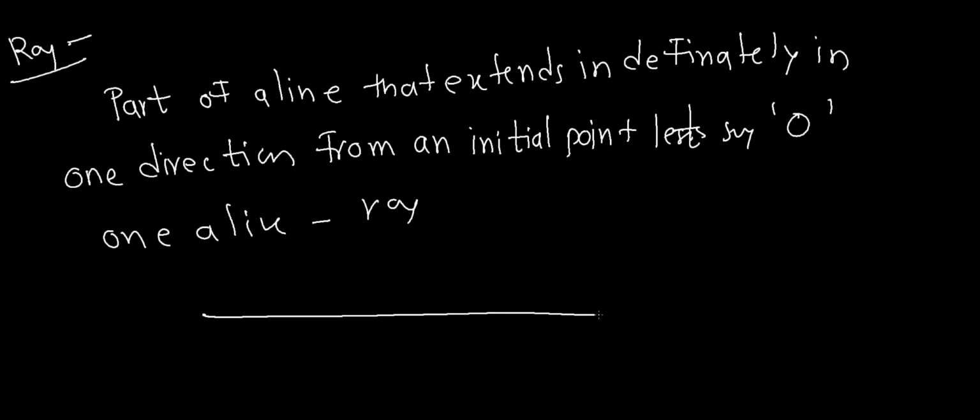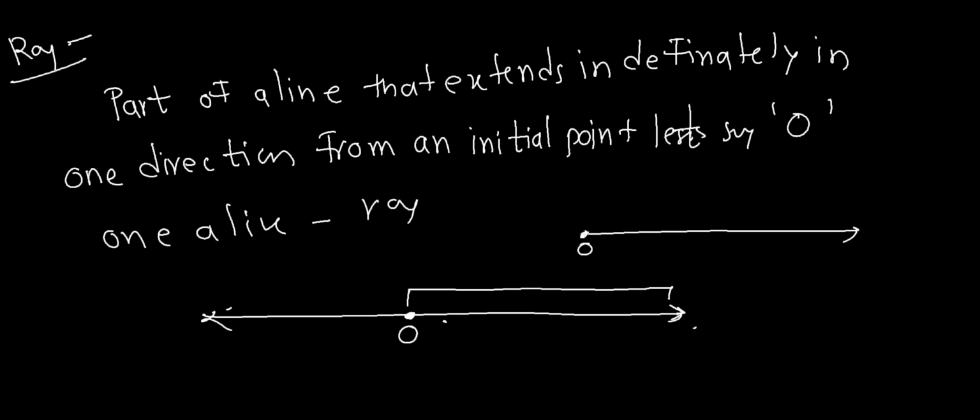So let's say this is a line, but we take the part of the line that extends indefinitely from initial point O, indefinitely on the right side.